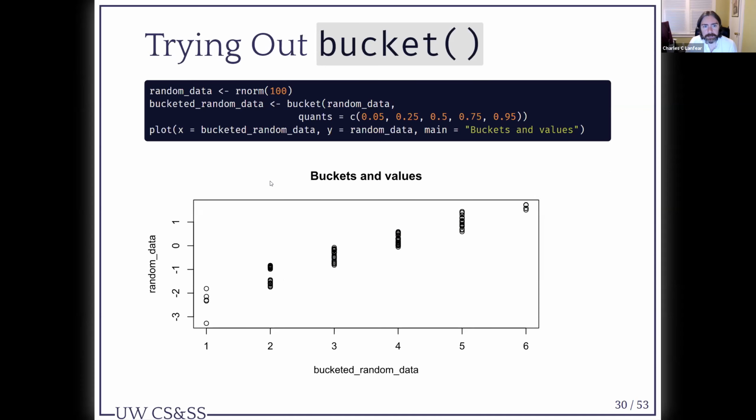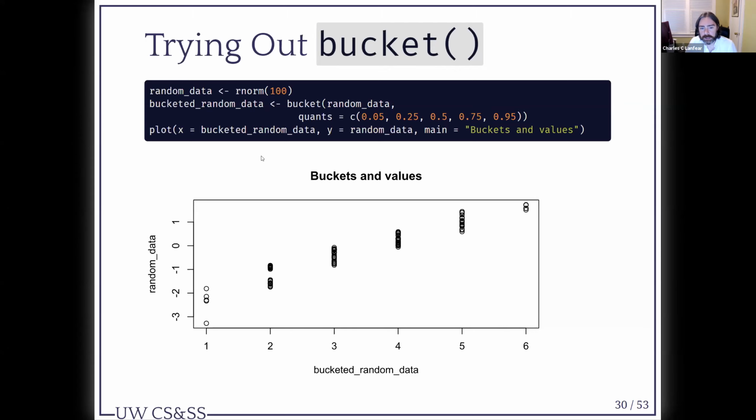So this is what it does. If I generate 100 standard normal distribution draws, I'm going to call them random data. I'm going to create now bucketed random data by running my bucket function on the random data. I say I want these quantiles. Let's divide it up into its 5th percentile, 25th, 50th, 75th, and 95th percentile.